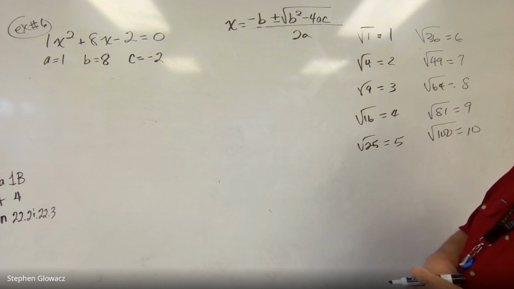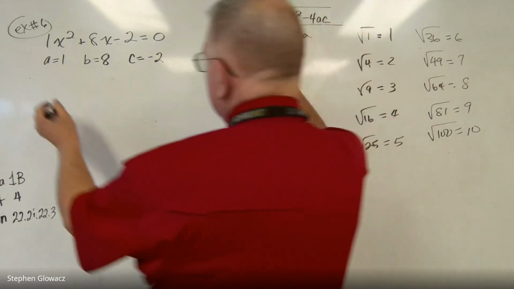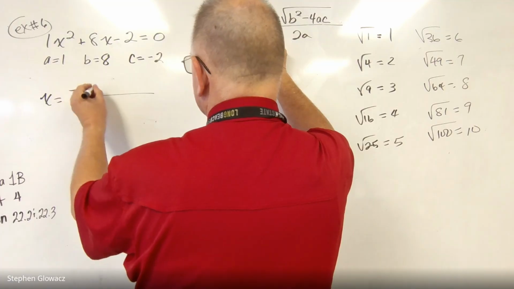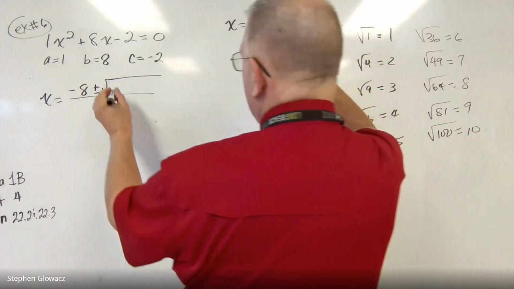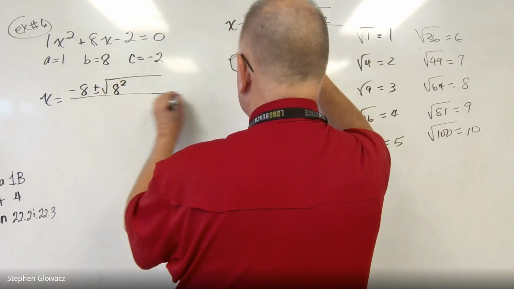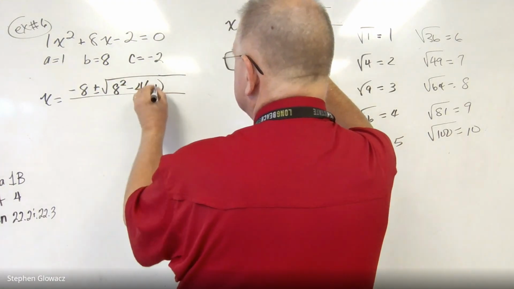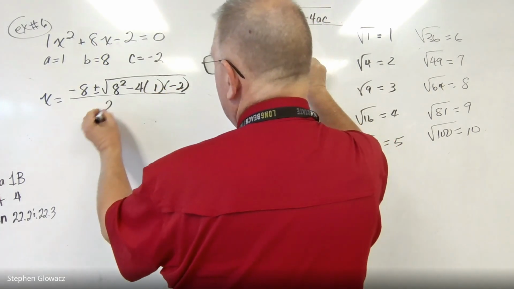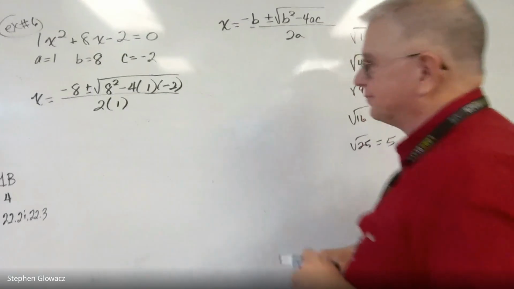Very important. All right, so now let's start substituting. We have x equals negative b, so b is 8, but it's negative b, so negative 8, and then the square root of b squared, so 8 squared, minus 4 times a, which is 1, times c, which is negative 2, all over 2a. 2 times a is 1, so 2 times 1.